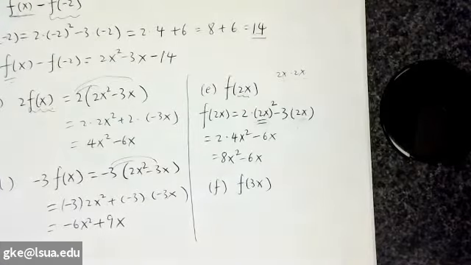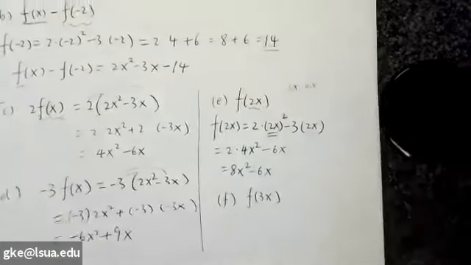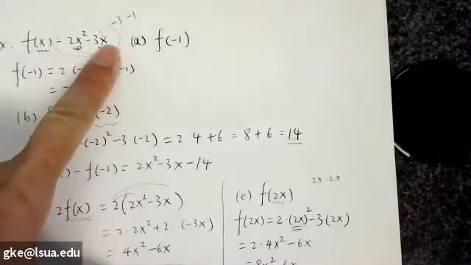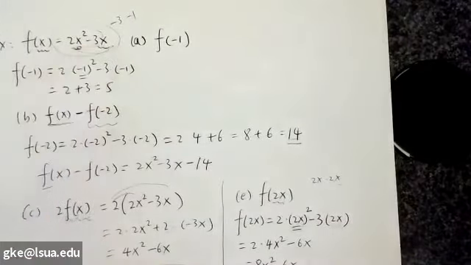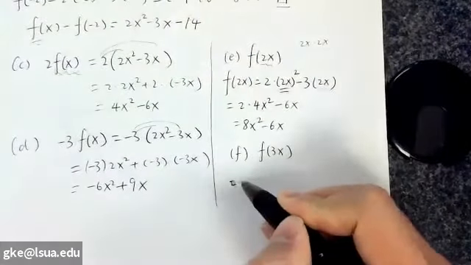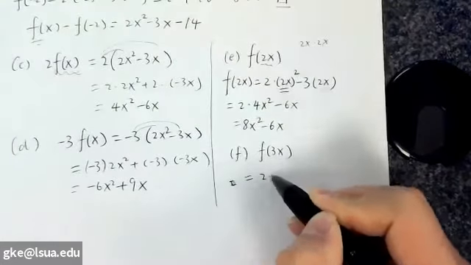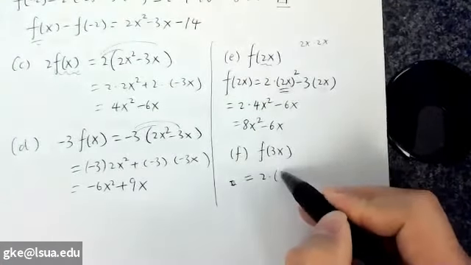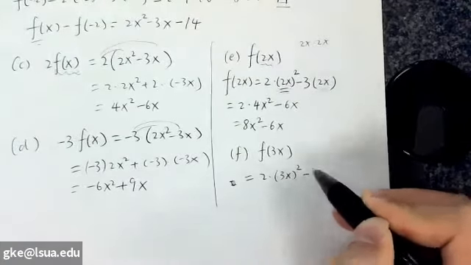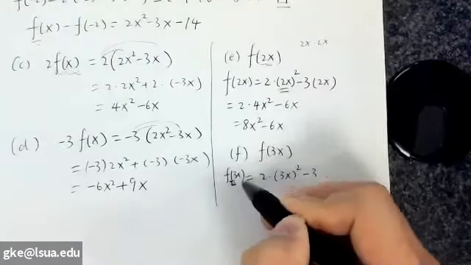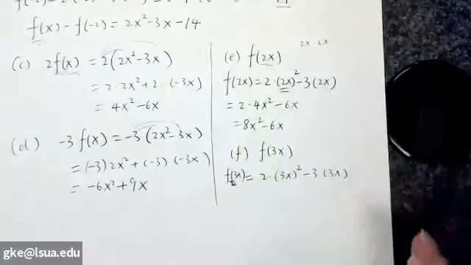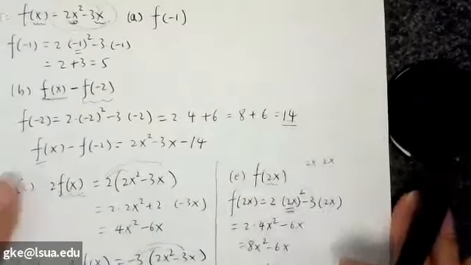Okay, same thing, let me do it. Replace this x by 3x. So we plug in 3x: 2 times (3x) squared minus 3 times 3x. The idea is very simple.